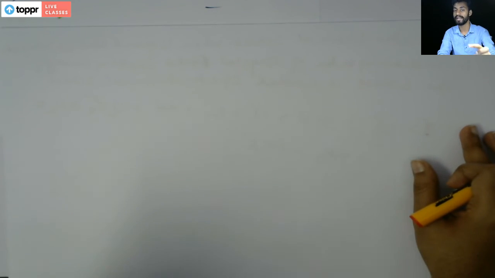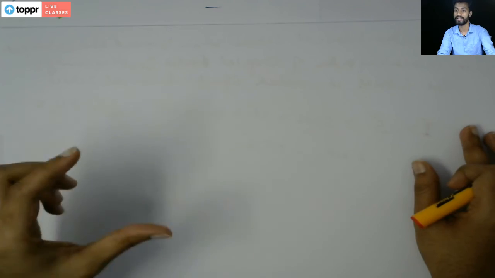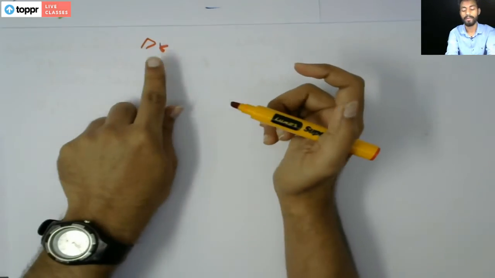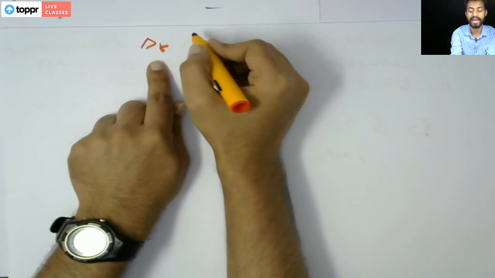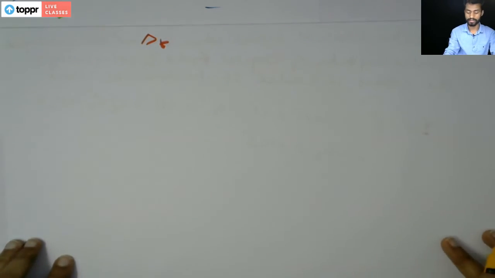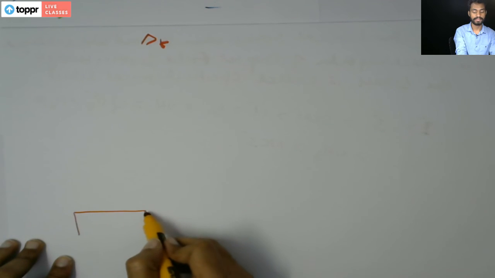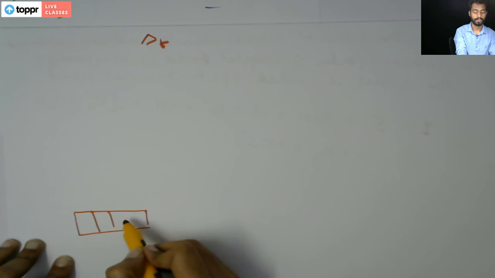The crystal field splitting energy for a tetrahedral complex is called delta T. Okay. Keeping in mind delta T and pairing energy, the diagram will be something like this. All the d orbitals having equal energy.